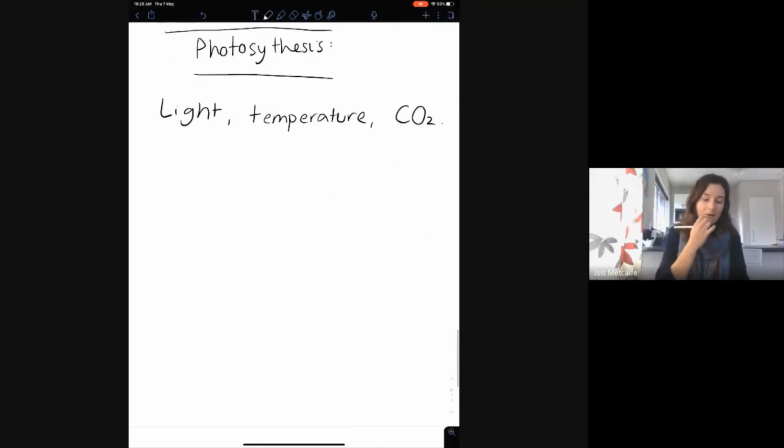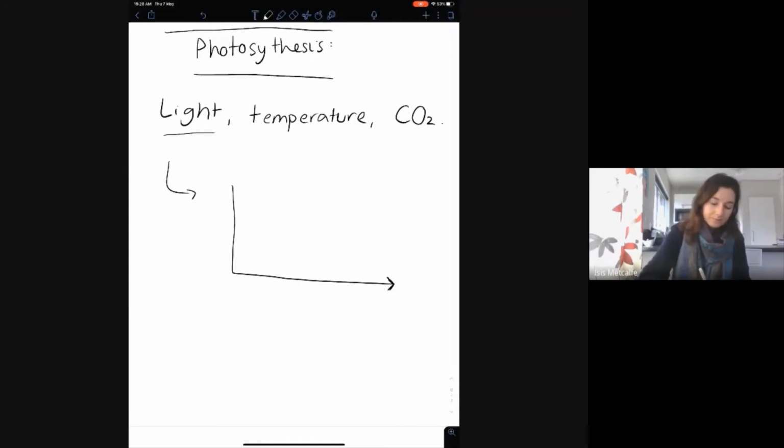So if we do light real quick, because that's one that you already know, I always draw these as a graph, and next year in level 2 bio you're going to have to draw them in a graph too, so I figure I might as well get you used to it. So if we have a graph like this, on our x-axis we have light intensity, and if I labeled it I would just write low and high.